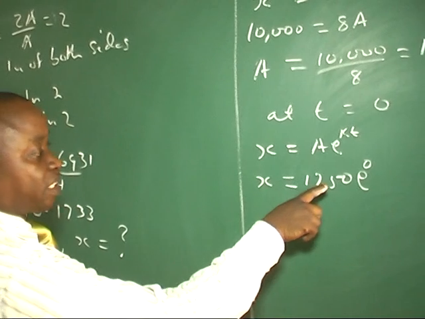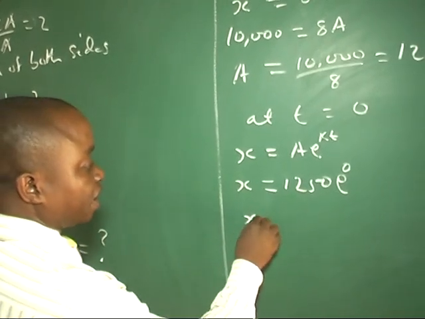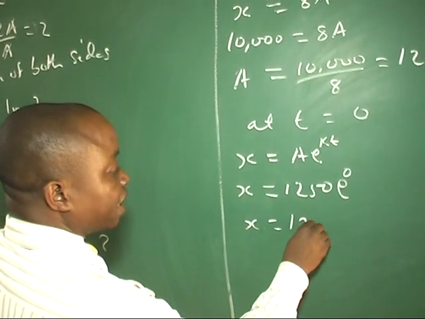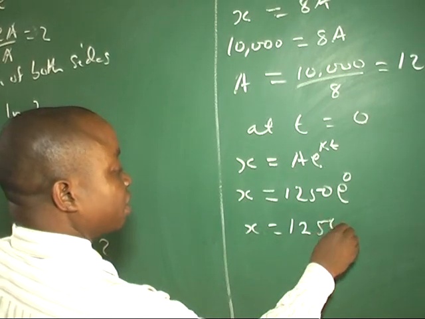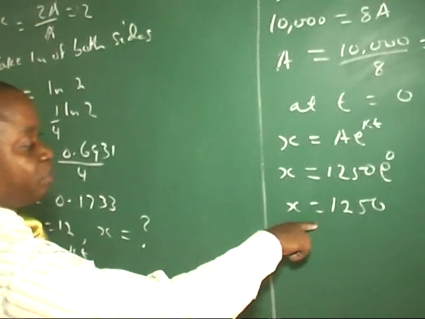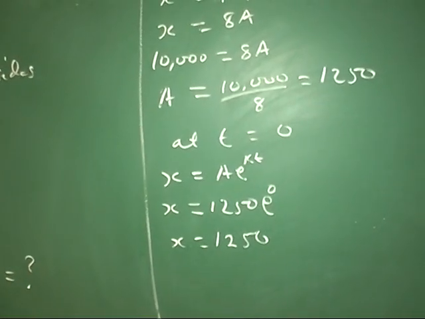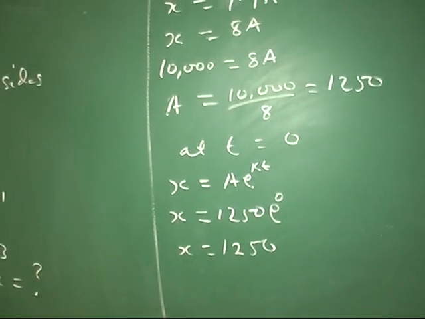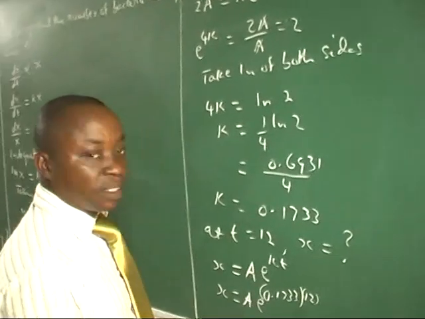So definitely what it means is that X is equal 1,250. That is what was there at the beginning of the observation. So that is how we solve it.